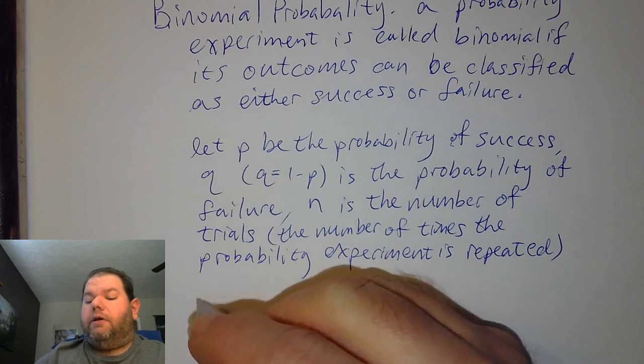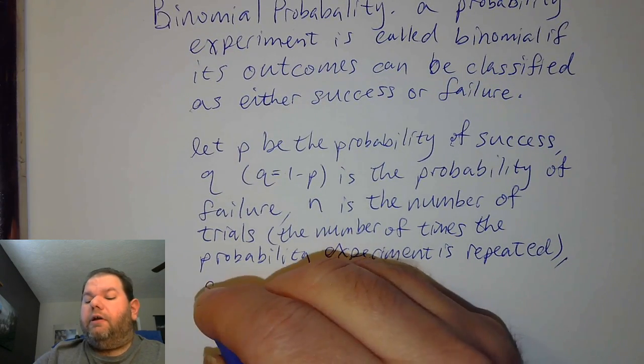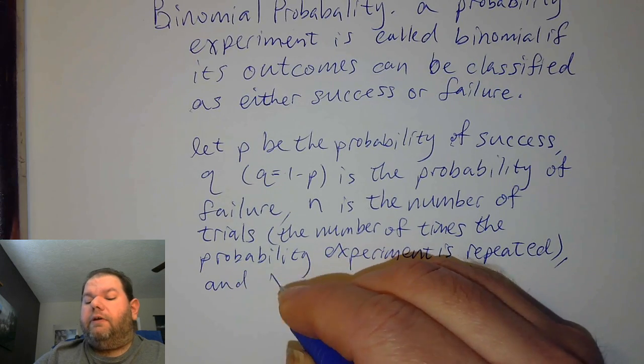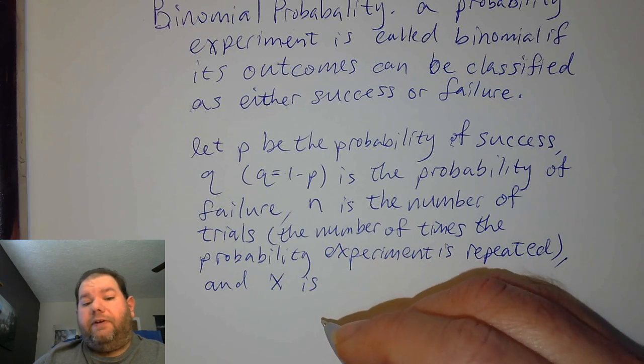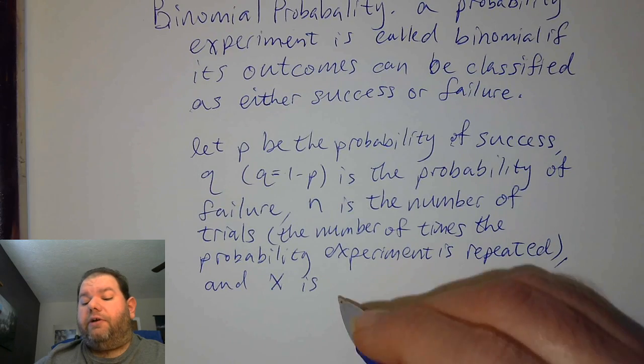And finally, X is the number of successes in those N trials.